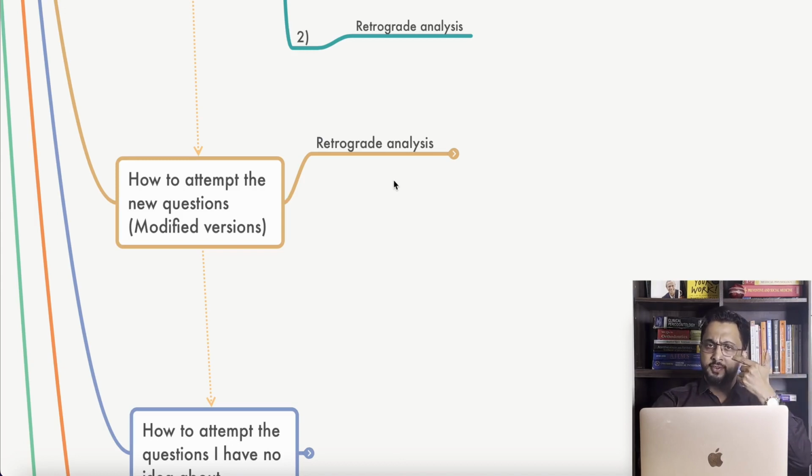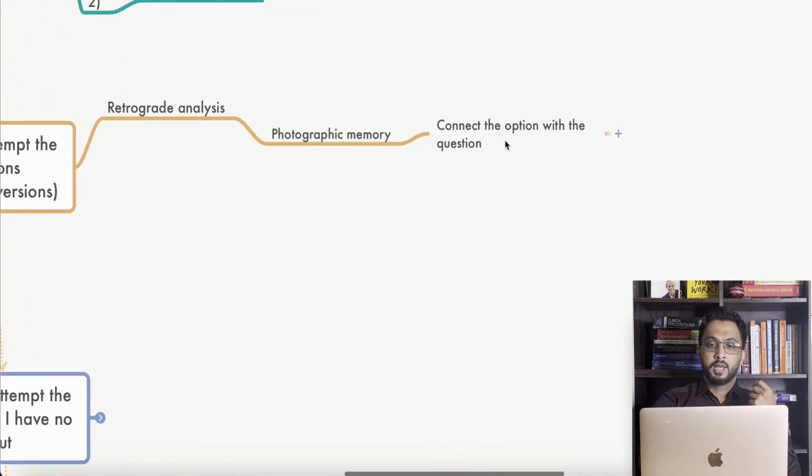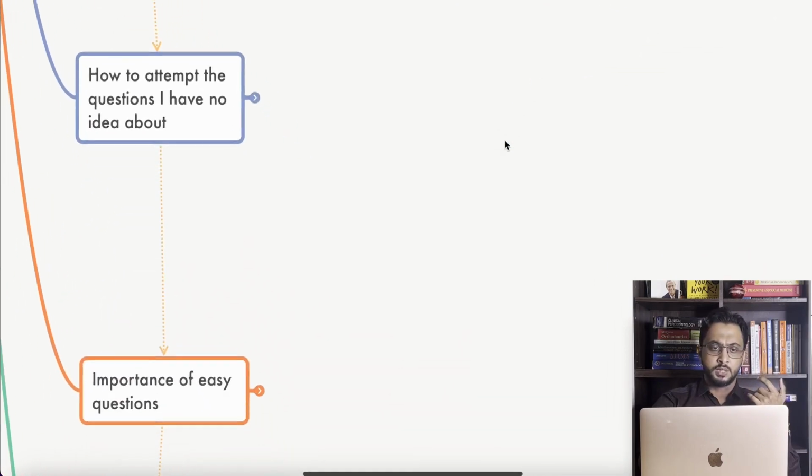First, don't jump into the chapter. Which subject? Which chapter? Which topic? Which subtopic? Then that picture becomes clearer and clearer, and you'll be able to answer. That photographic memory is, as I've told you, very important. Connect it with the option and the question, and then it becomes easy.